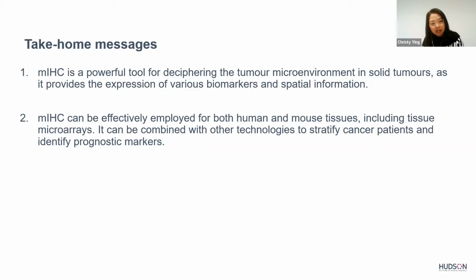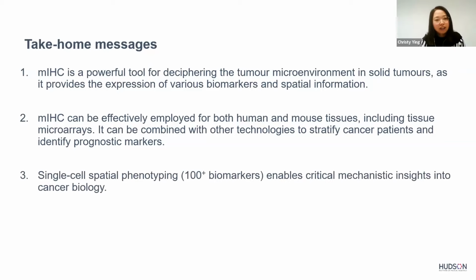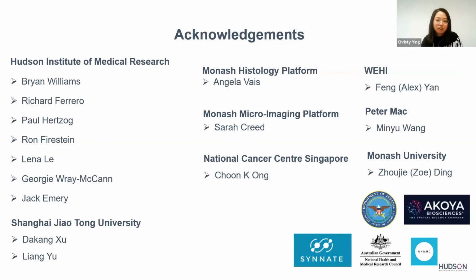It could also be combined with other technologies, which could help us to stratify patients and potentially identify prognostic markers. And lastly, the new technology, single cell spatial phenotyping, will enable us more critical mechanistic insights into cancer cell biology. Yeah, so that's all from me.